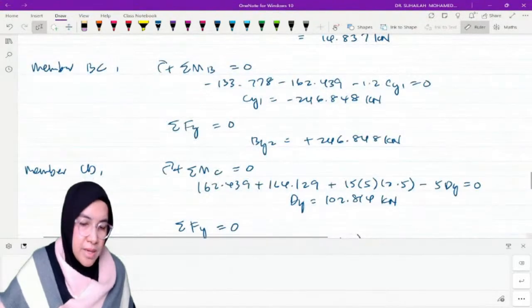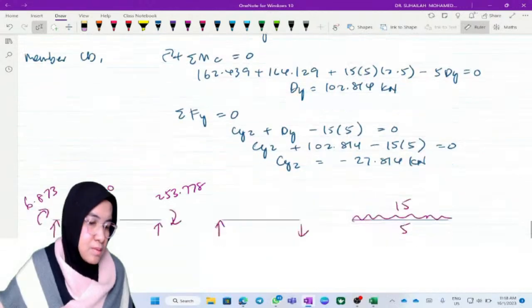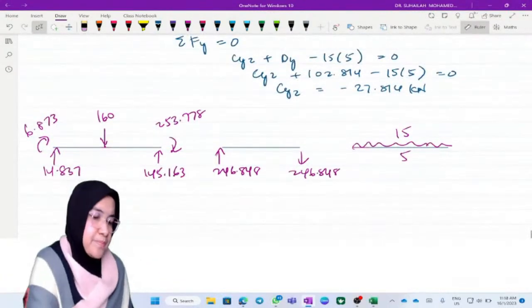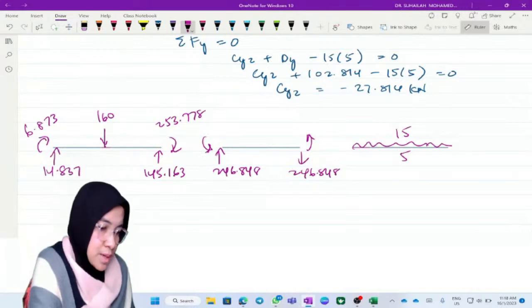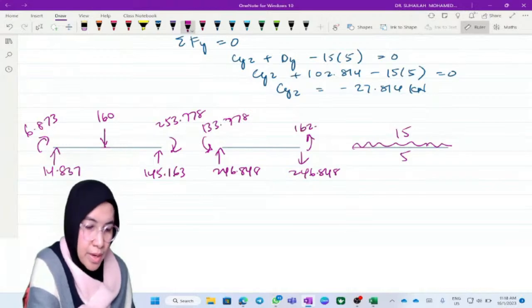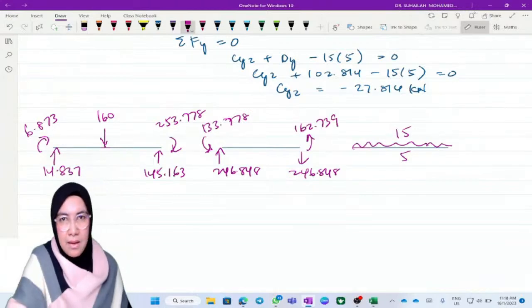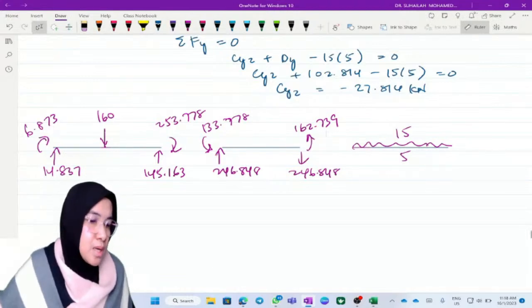Moment is negative, negative. 133.778 and 162.739.